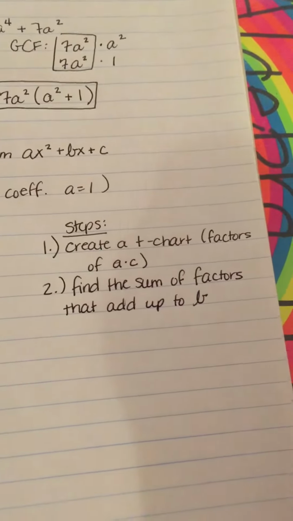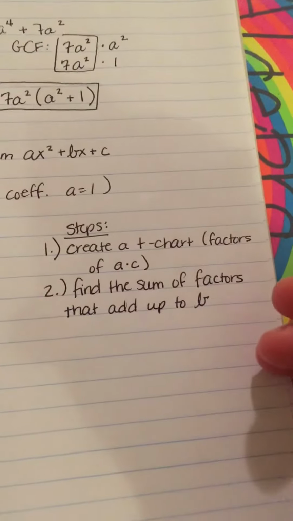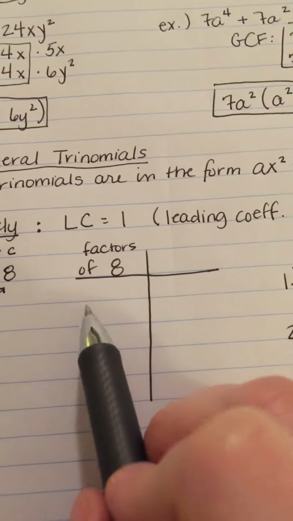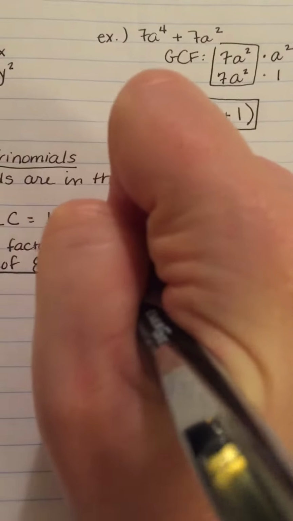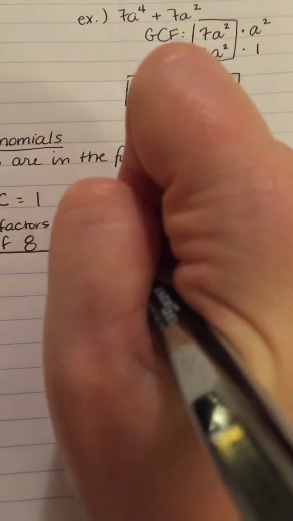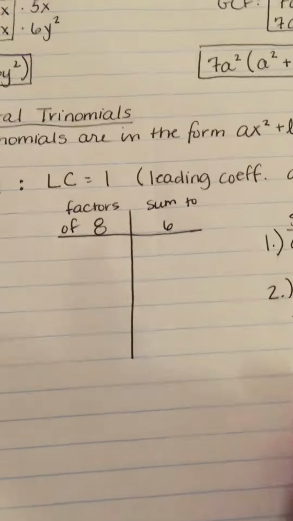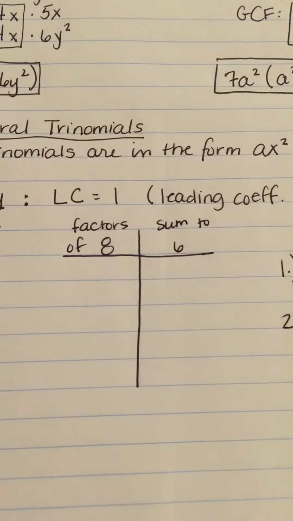So whatever number is that second term, I'm going to figure out what numbers I can multiply to get to 8 that will, when I add them, add up and become 6. So for example, I'm trying to think of the factors of 8.